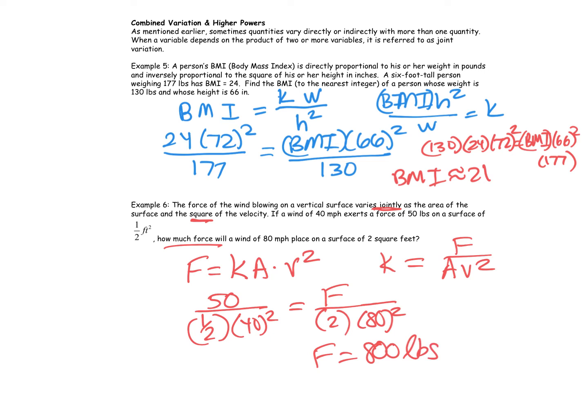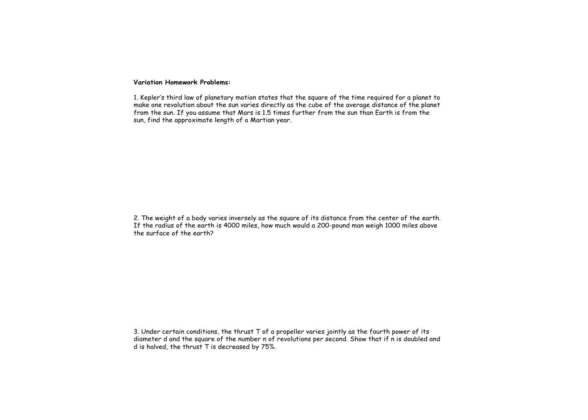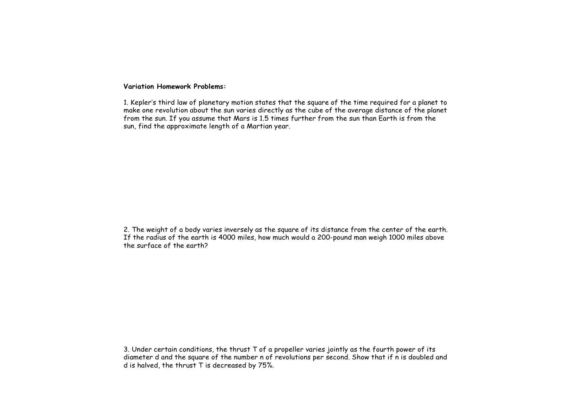All right, so let's do one, because one was hard, and then some of these are tricky. Okay, so Kepler's third law of planetary motion states that the square of the time required for a planet to make one revolution about the sun varies directly.